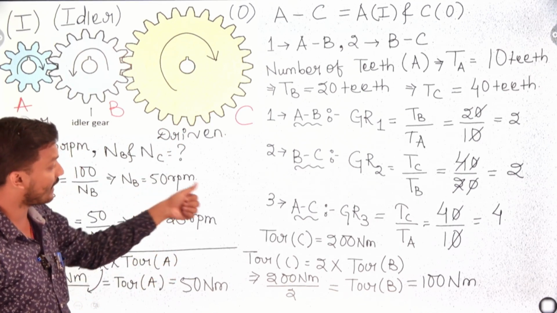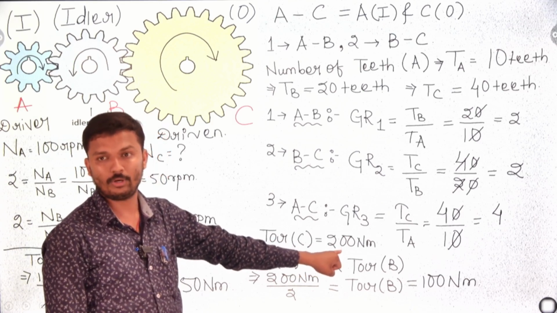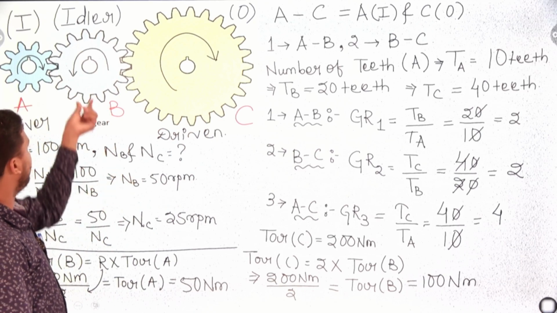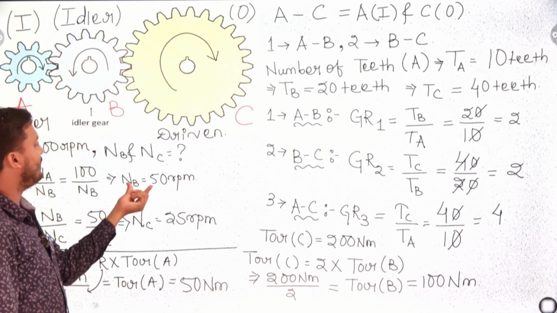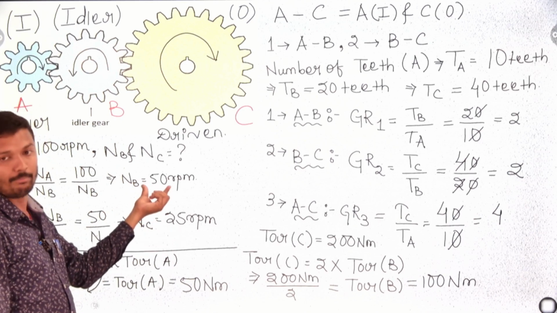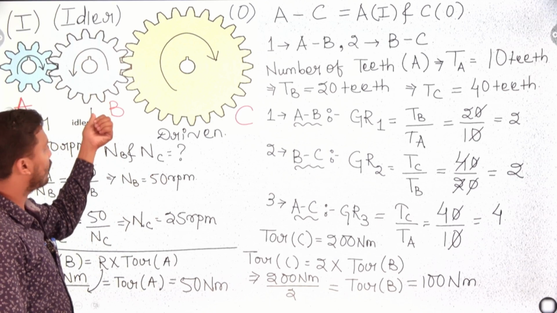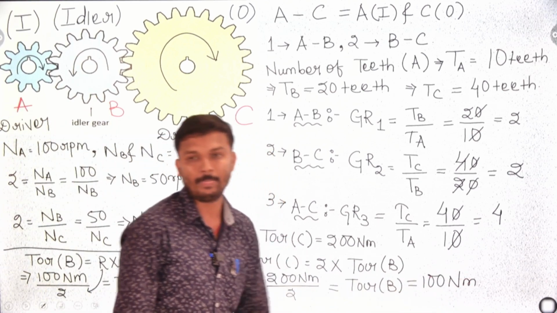But the power transmitted by this output gear is more, the torque is more, 200 Newton meter. Going back to gear B, its size is smaller than gear C, so the speed increases from 25 to 50 RPM. Similarly, in gear B the torque is reduced from C to 100 Newton meter.